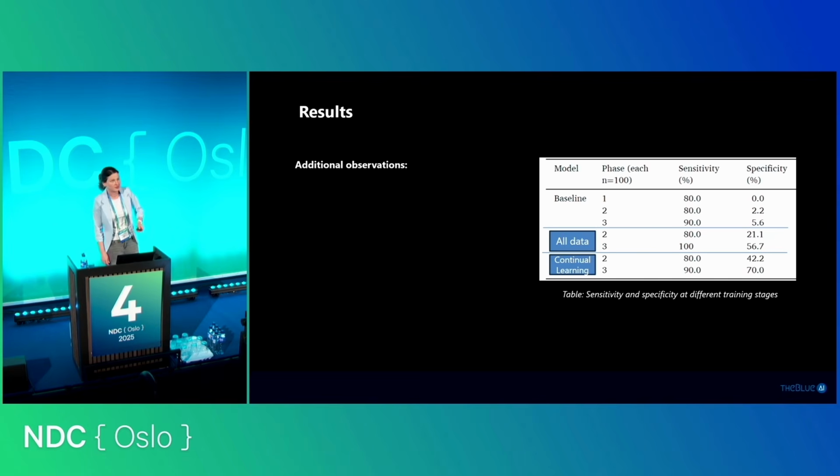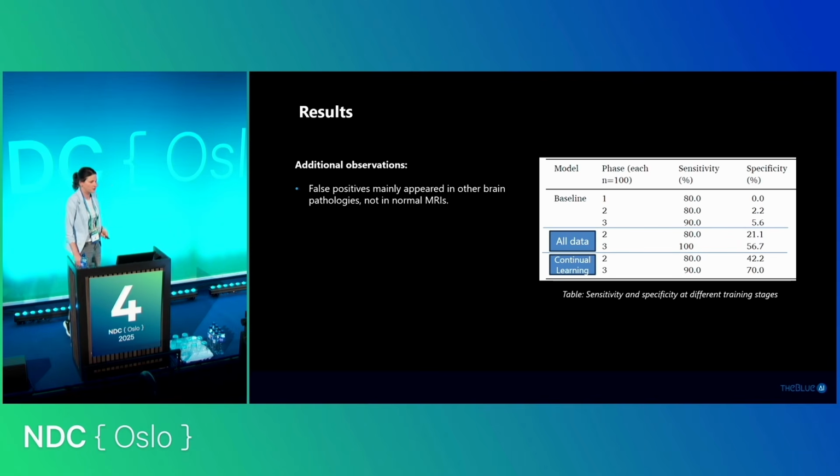We, of course, also analyzed the behavior a bit, and an additional observation was that when our continually learned model was still creating false positives, it was, in the majority of cases, just recognizing other brain pathologies. So if you would like to have a really great scientific paper claiming that we're great, we could just remove that and claim that we have 90% specificity.